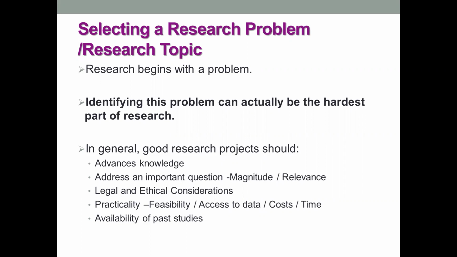Whether there is feasibility to collect and access data, what is the cost, what is the time, whether you can collect the data within the stipulated time, and also the availability of past studies. So these are the factors that you need to consider when you select a research problem.